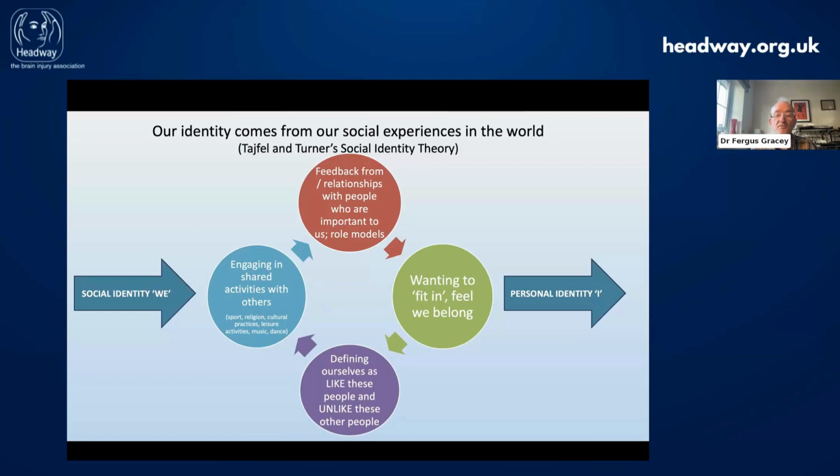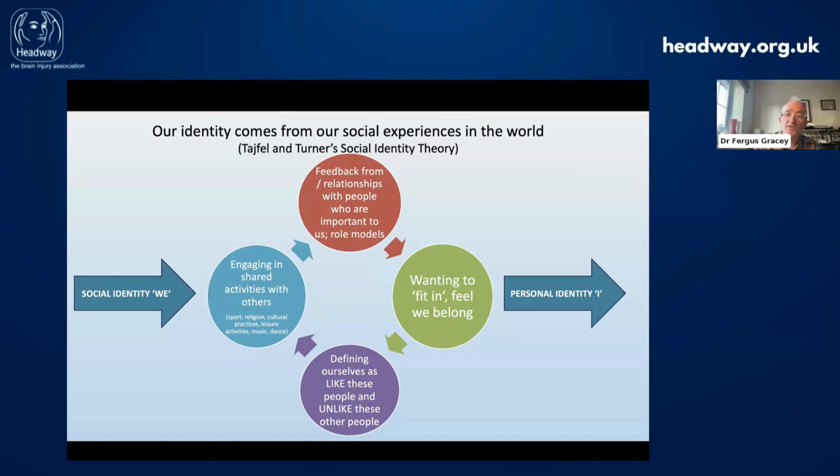We engage in things within those groups that define ourselves as being like the people that we like spending time with, and unlike those other people who we don't like so much, or who we disagree with, or we feel less comfortable with, or don't feel we belong with. And we engage in these social processes perhaps sometimes a little out of our own awareness, but we tend to do things that help us to identify and fit in with those groups.